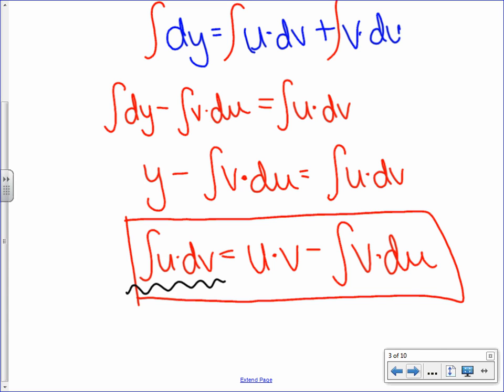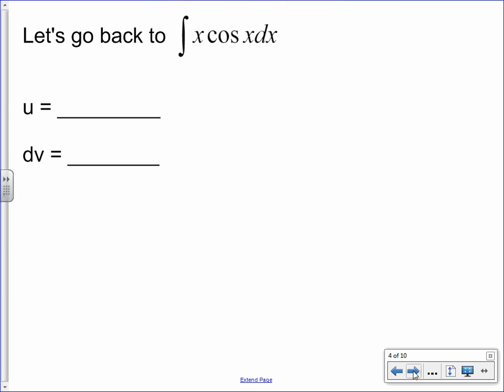Let's go back to this. In my opinion, these are both equally easy to integrate and differentiate. I will tell you, polynomials will oftentimes be your best u.